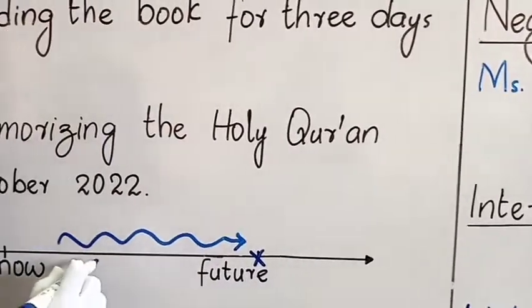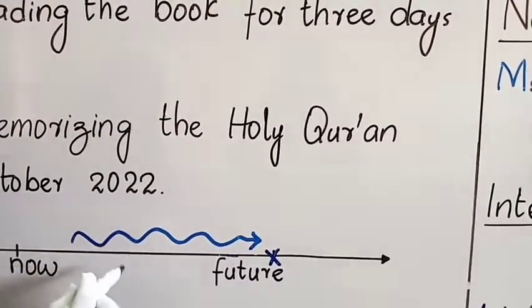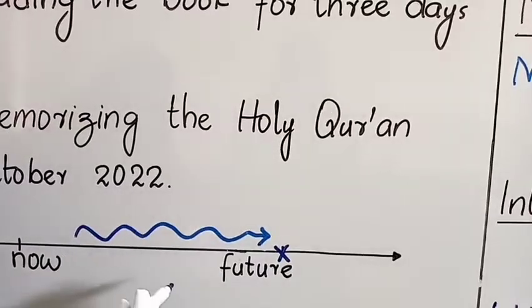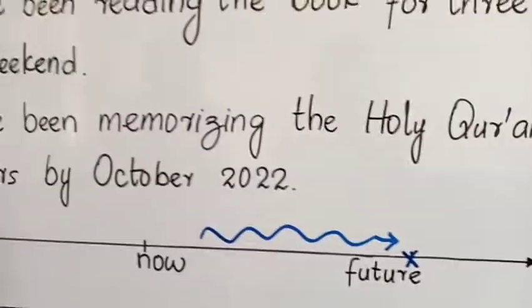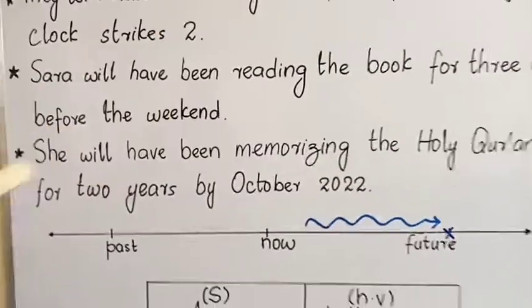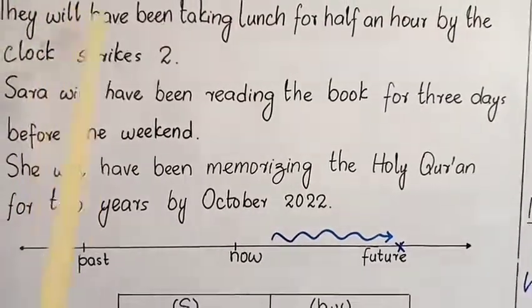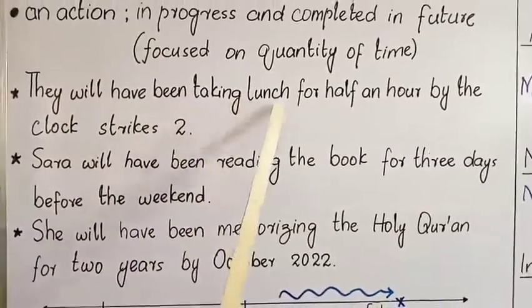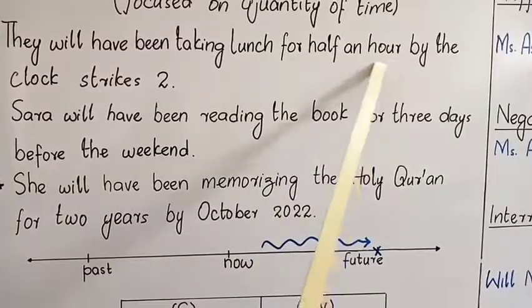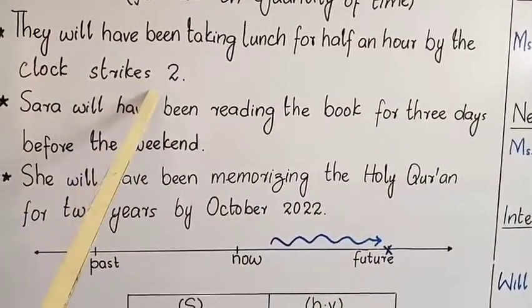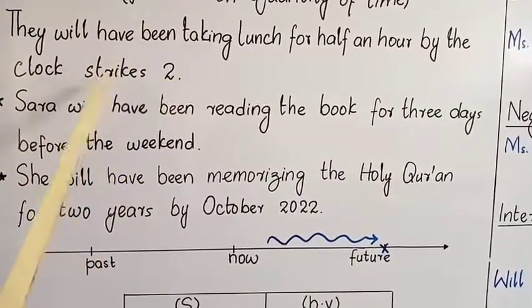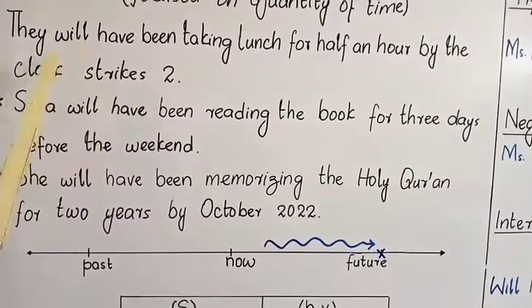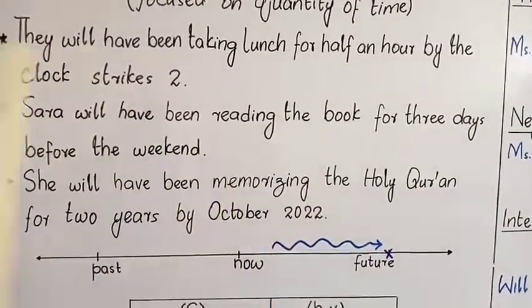So this action will be future perfect continuous tense. I am repeating the example. They will have been taking lunch for half an hour by the clock strikes 2. So before the clock strikes 2, they will have been taking lunch for half an hour.